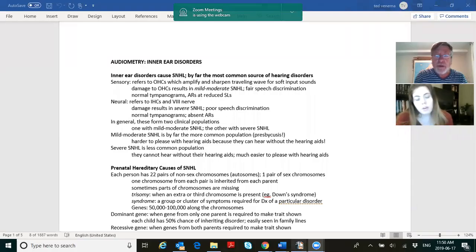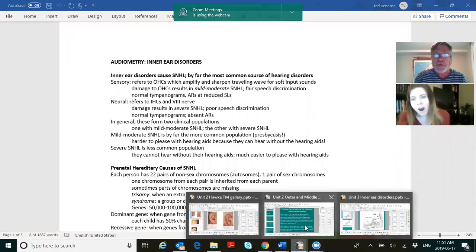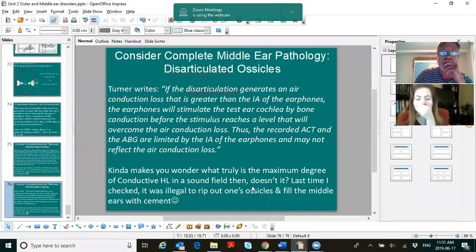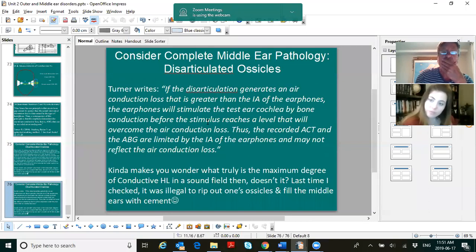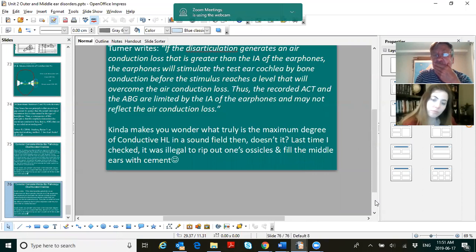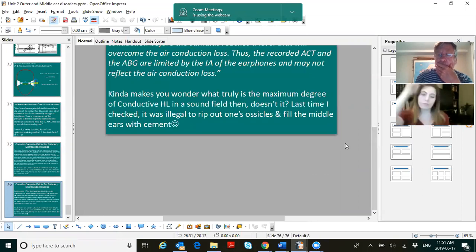So if we take a look at sharing our screen here, we'll share screen and we'll go to this PowerPoint. Oh, let's go to outer and middle here. And I believe that was the last slide. I'm going to see if I can go up a slide or down. Okay, I got to go up a slide.